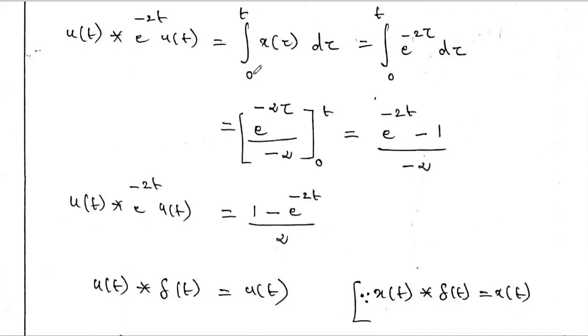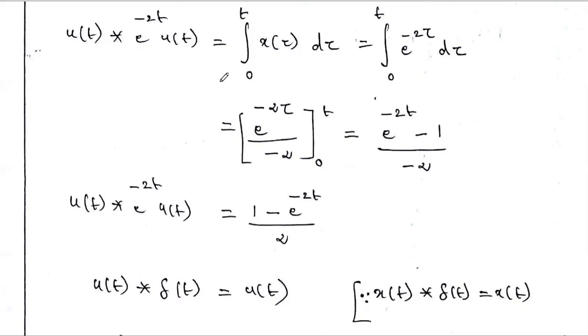Here x of tau is this signal, so we substitute tau in place of t: integration 0 to t of e power minus 2 tau d tau. Integrating, we get e power minus 2 tau divided by minus 2 with limits 0 to t. Substituting the upper limit, e power minus 2t, minus the lower limit, e power 0 which is 1, divided by minus 2. This is the answer for the first one.